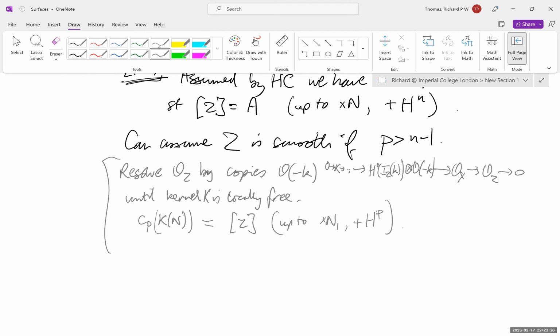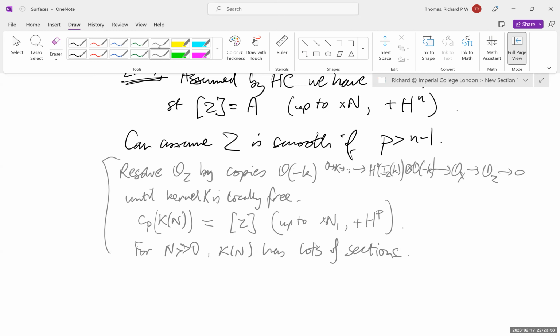So now I can replace Z by this pth Chern class of this nice vector bundle, and once n is sufficiently large, K(n) has lots of sections. You can pretend these sections are generic, and do transversality results.